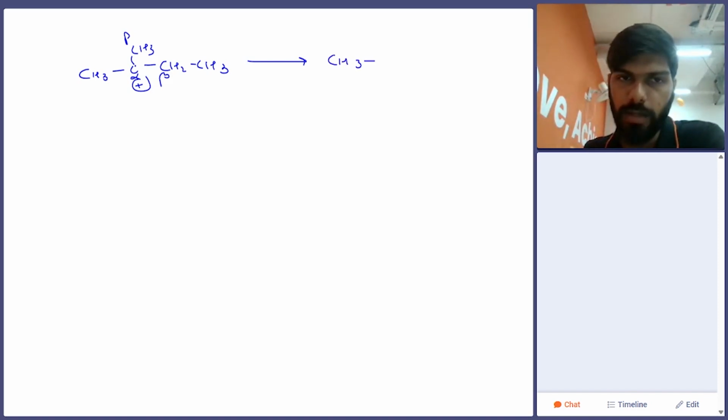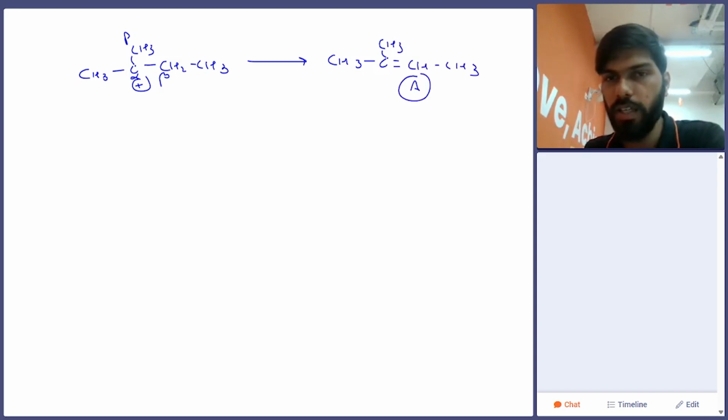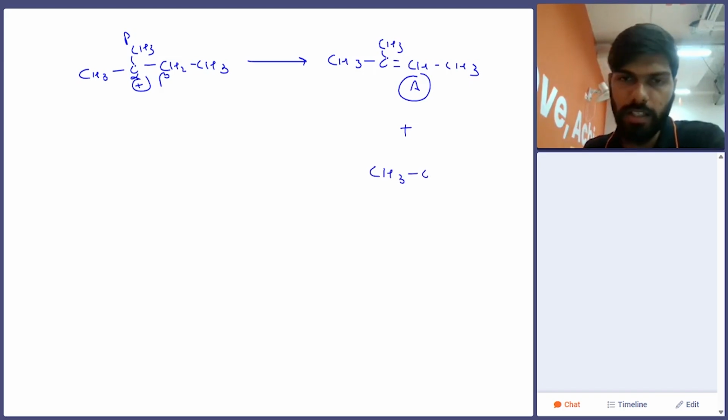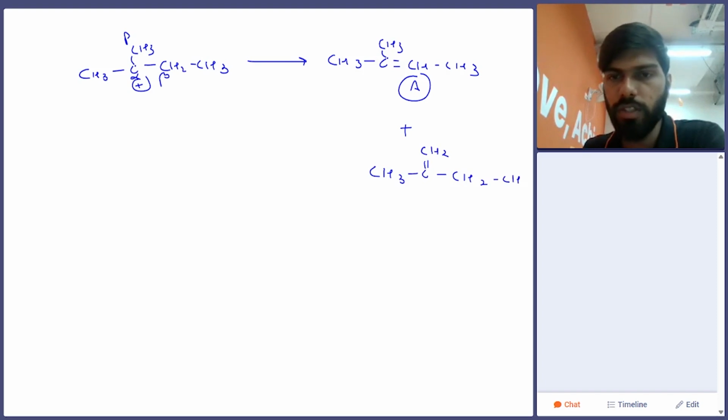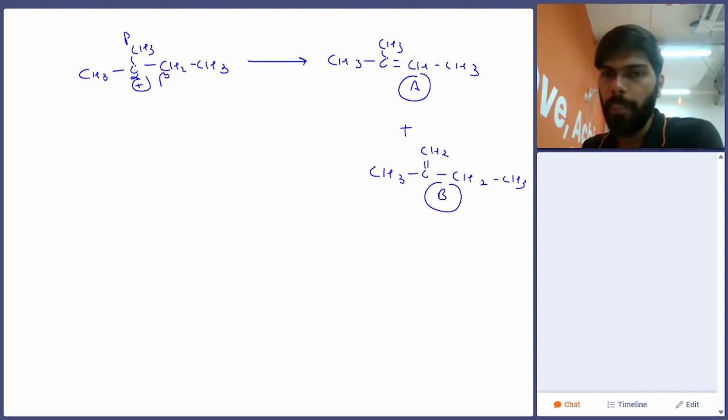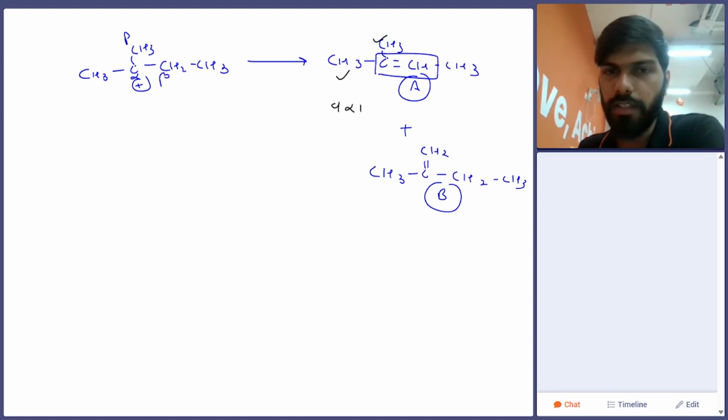So we will get CH3 CH3 double bond CH CH3, that is structure A. And we also get the least stable one, CH3 double bond CH2, single bond CH2 CH3, that is product B. Now if you look at that particular carbon, the total number of alpha hydrogens: with respect to these two, there are 3, 3 and 3, total 9 alpha hydrogens.